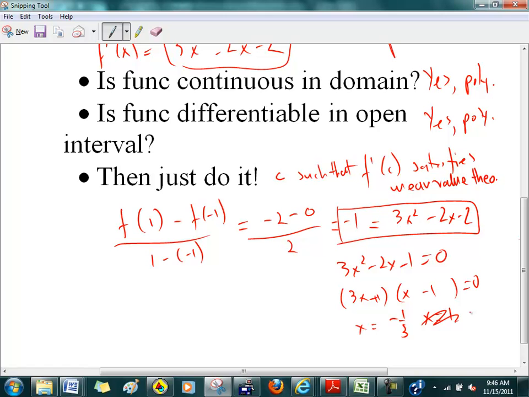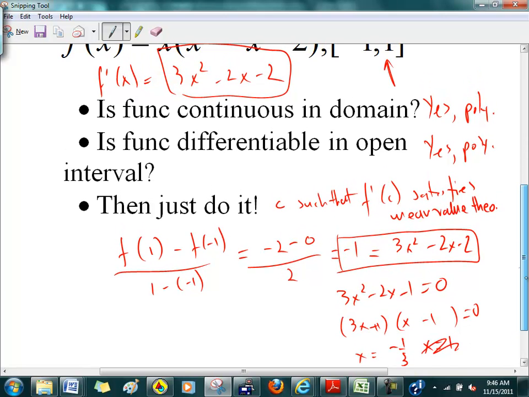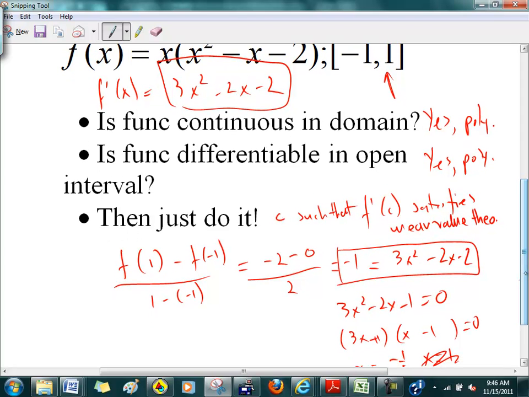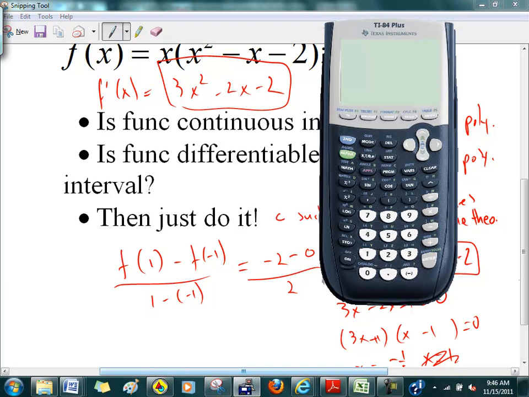Can you guys get a graphing calculator out and graph that and show that it looks like the tangent line is parallel to the secant line? So remember, you're graphing f.